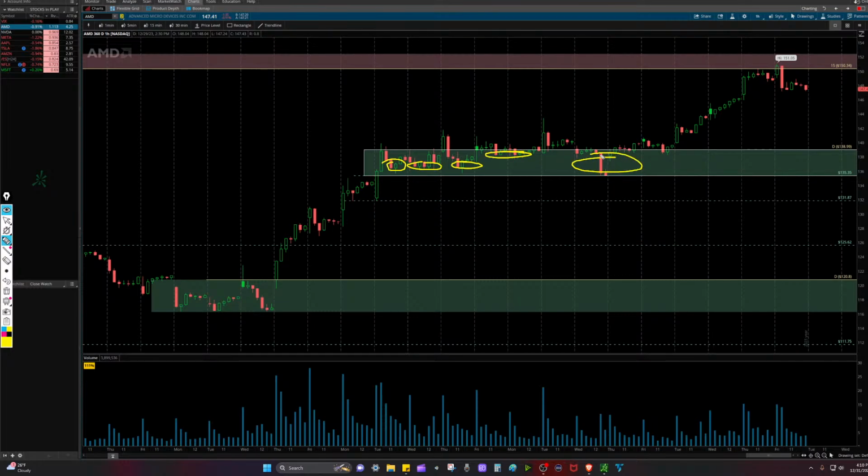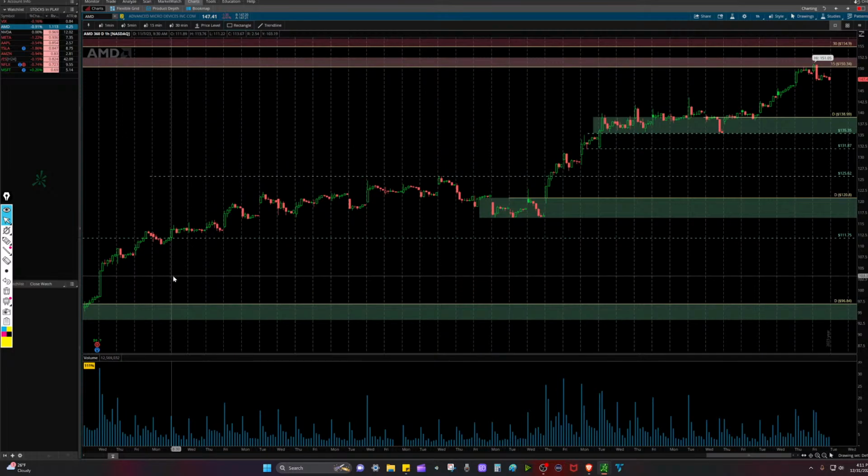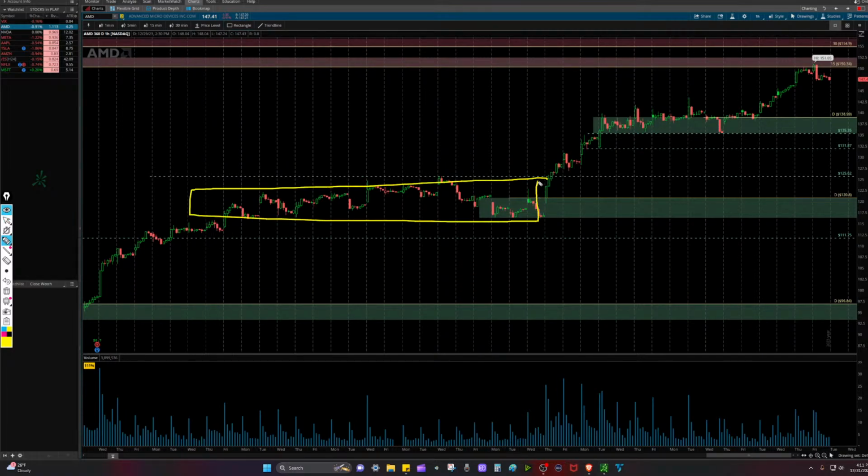here. Despite this drawdown, the very next day it opened up higher, squeezed many people, came back up, retested, and it slingshot, right? So most of the time, if you see this, every time, this is an accumulation phase, right?